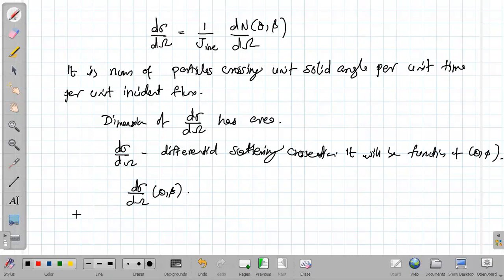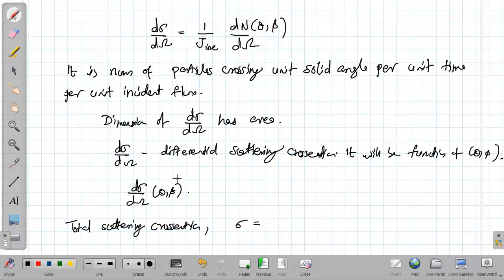Then what would be the total scattering cross section? It is a very obvious thing. We can define the total scattering cross section by the symbol sigma.